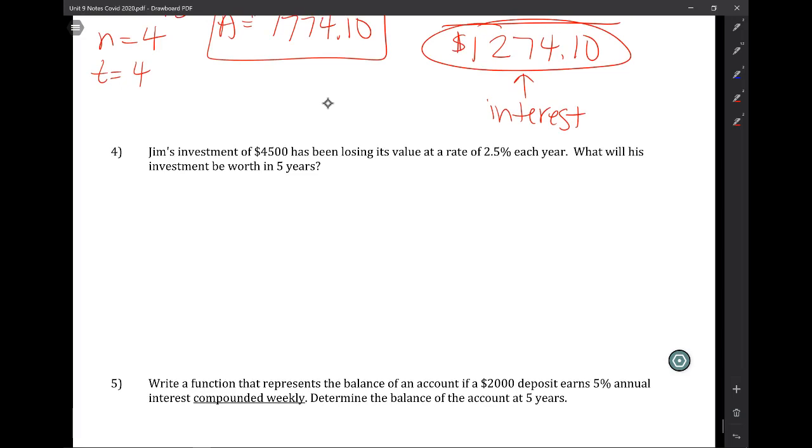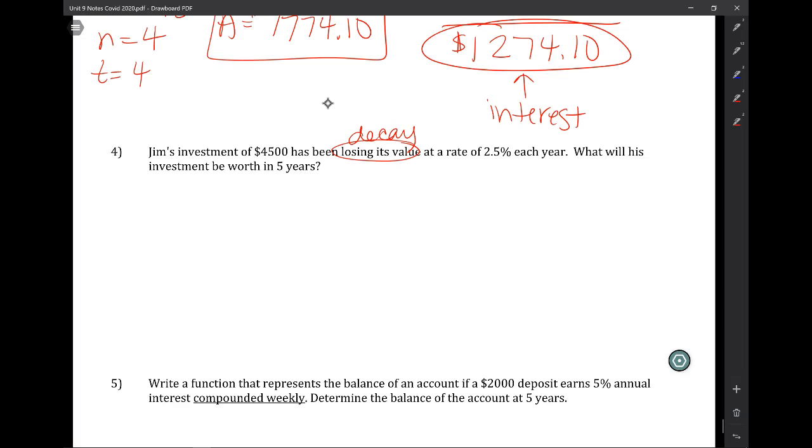All right, Jim's investment of $4,500 has been losing value. So that's important, losing value. So that's decaying. All right, so if our initial investment was $4,500 and has been losing value at a rate of 2.5% each year, what will his investment be worth in 5 years?